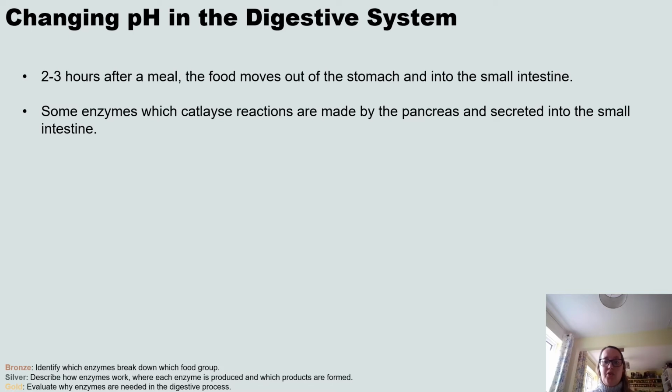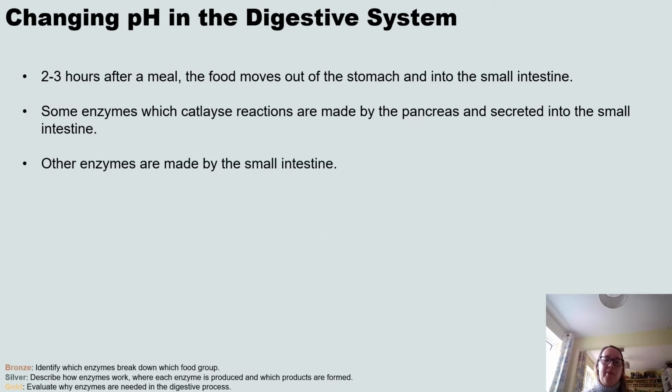So it has an endocrine and an exocrine purpose. Endocrine meaning hormones, so it produces hormones like insulin and glucagon, which control your sugars in your blood. And you've got the exocrine function, which is your enzymes. So it produces digestive enzymes which are secreted, not excreted, secreted into the small intestine to digest food.